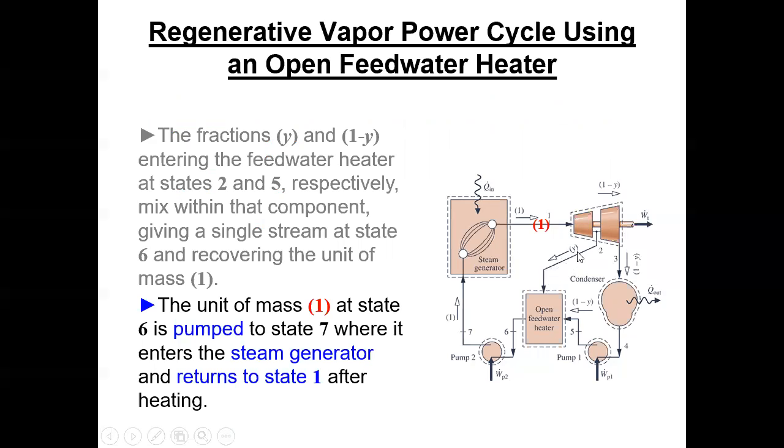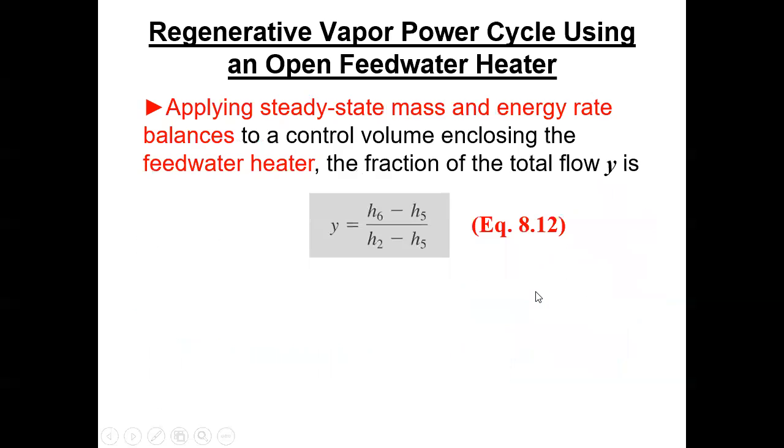So Y times H2 is coming in. And then we have 1 minus Y times H5 coming in. And then all of those have to equal 1 times H6. That's the equation. So you do that and then you solve for Y.